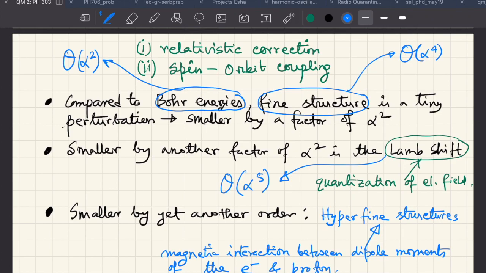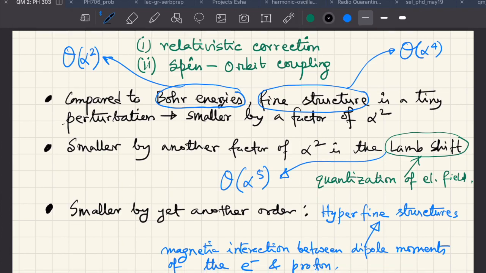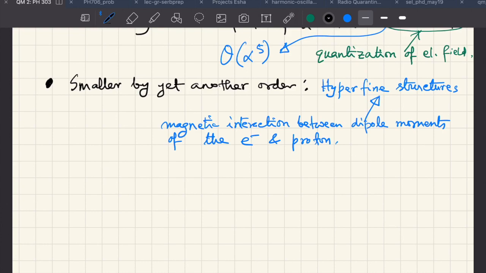So what we are going to do is discuss this relativistic motion first: the correction due to relativistic motion of the electron in the hydrogen atom, and what corrections arise because of it.